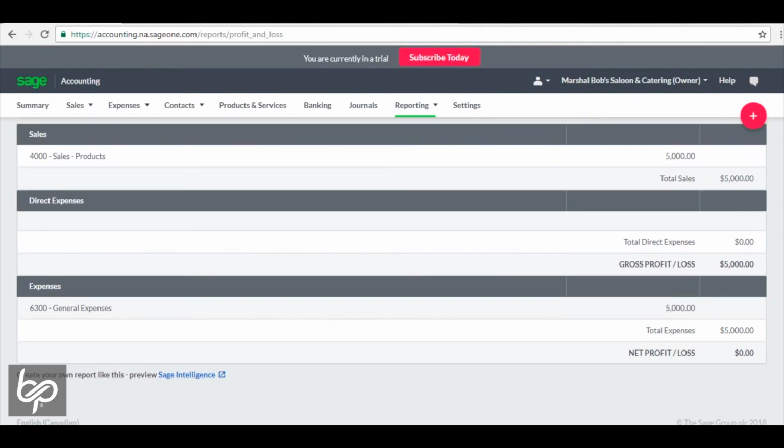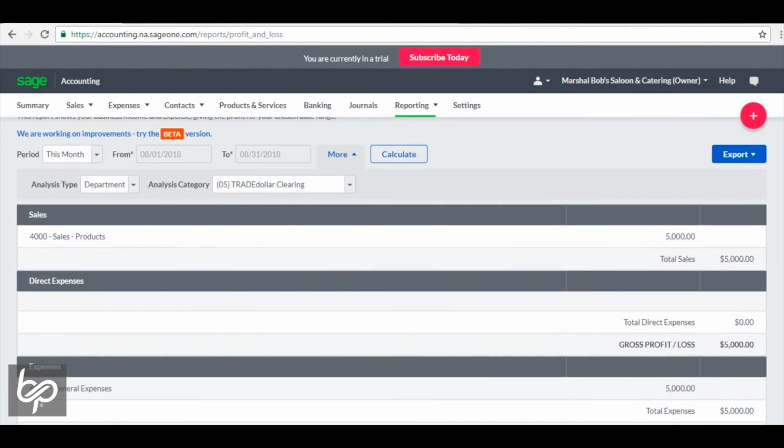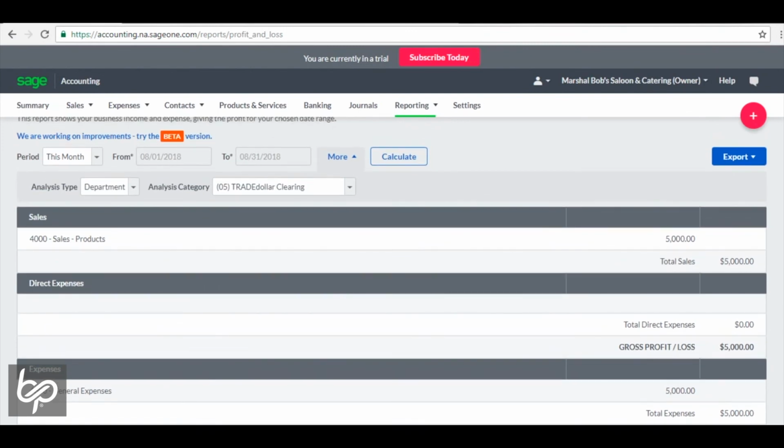Obviously, if there's a time where you've done more sales and you haven't spent it yet, then for a period of time the trade dollar department will appear to have a profit. In the next period, where you have spent more than you have earned in trade, the trade dollar clearing department will appear to have a loss. But really, it's a clearing department.